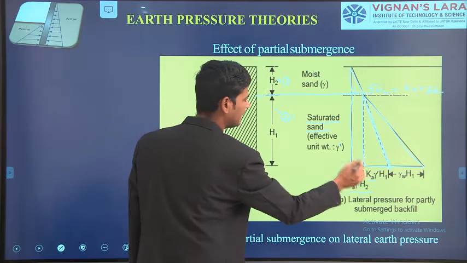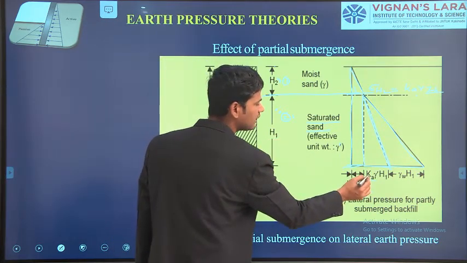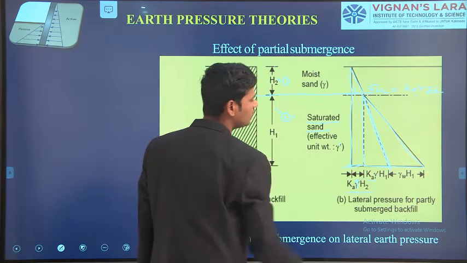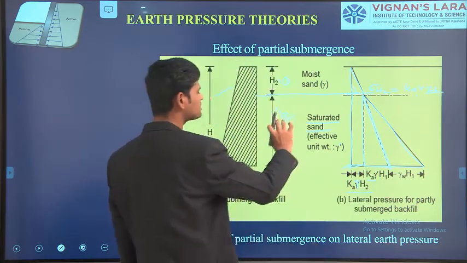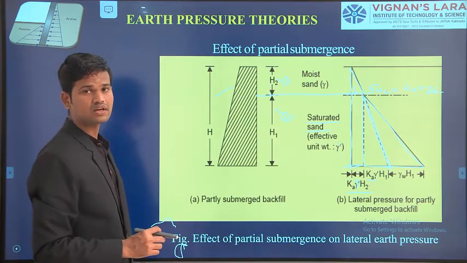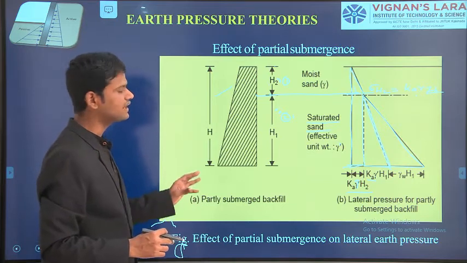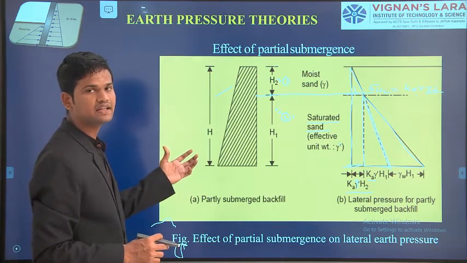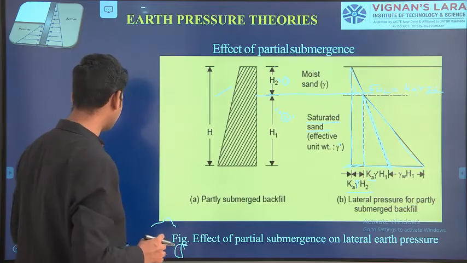That means sigma H1, the horizontal pressure at a depth of H1, equals Ka into gamma prime into H1, plus gamma W into H1, where gamma W is the unit weight of the water acting on the retaining wall. This is how we calculate the effect of partial submergence for the earth retaining structure.